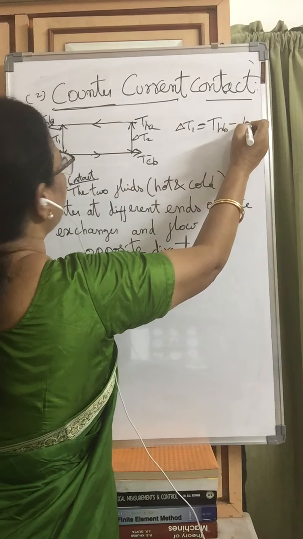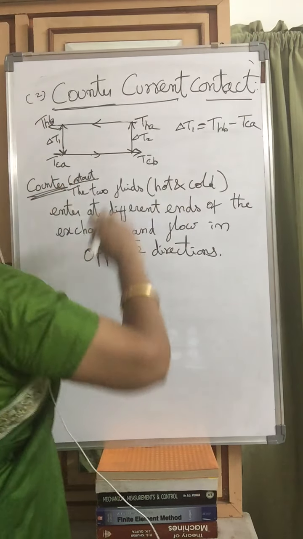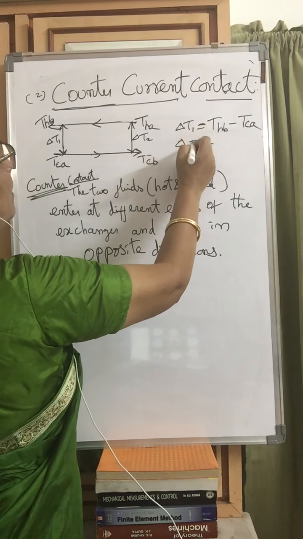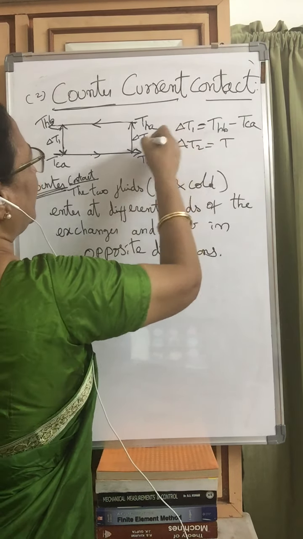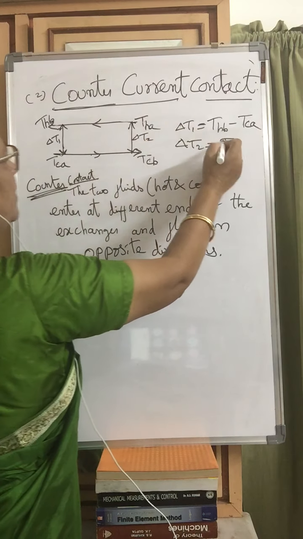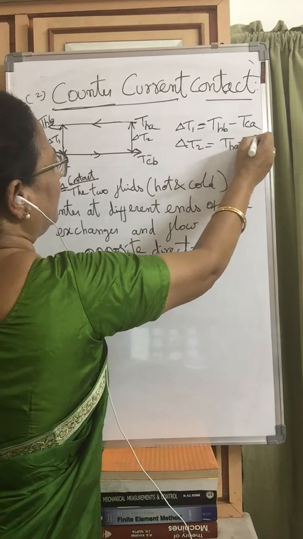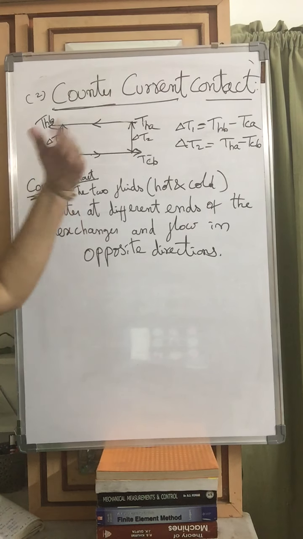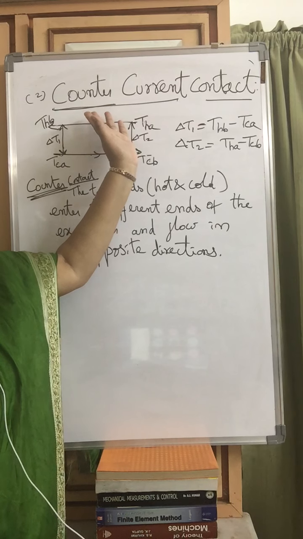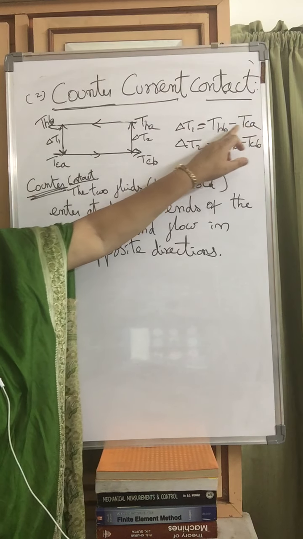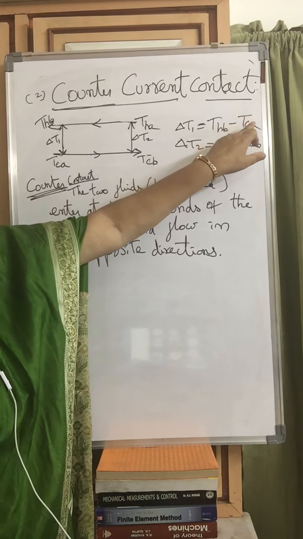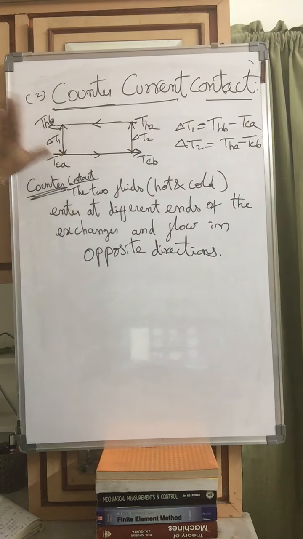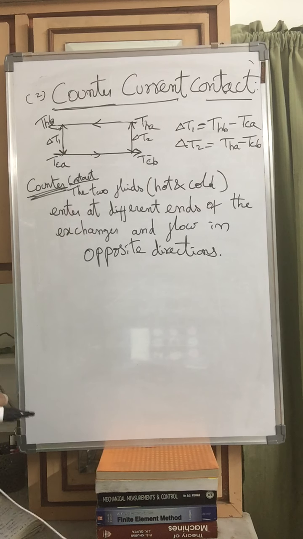THB minus TCA, and delta T2 is equal to THA minus TCB. Whereas in case of parallel flow, this is different: THA minus TCA is delta T1, but here it is different. Just by drawing two lines, you can write it very correctly.